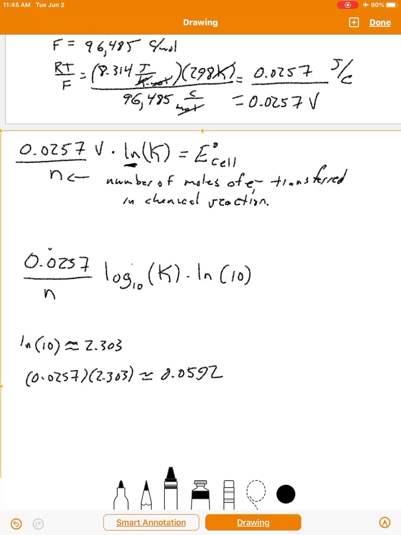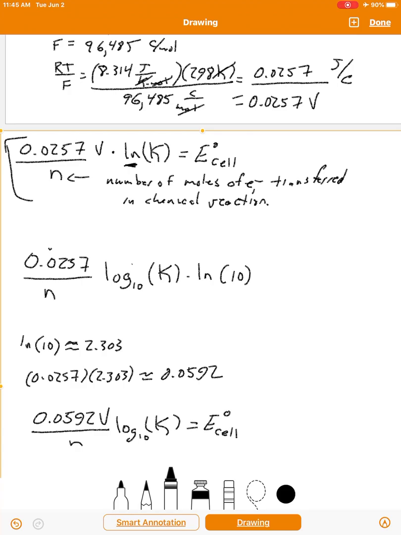So instead of seeing it in the natural log form, as it is over here, you're more likely to see this number, 0.0592 volts, over n times log base 10 of K, equal to the standard cell potential.